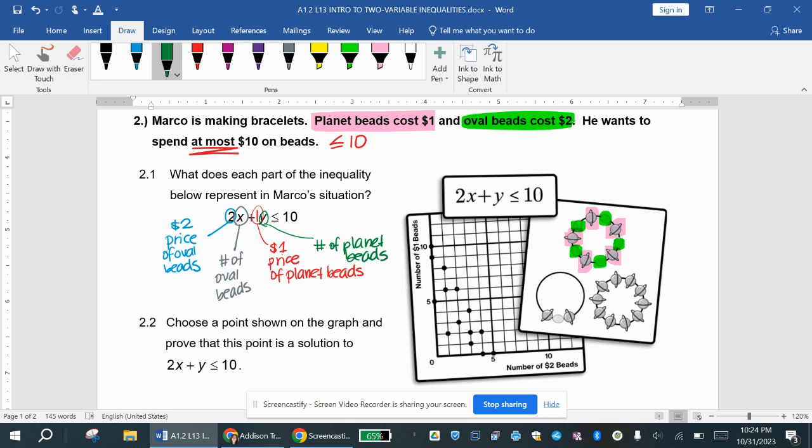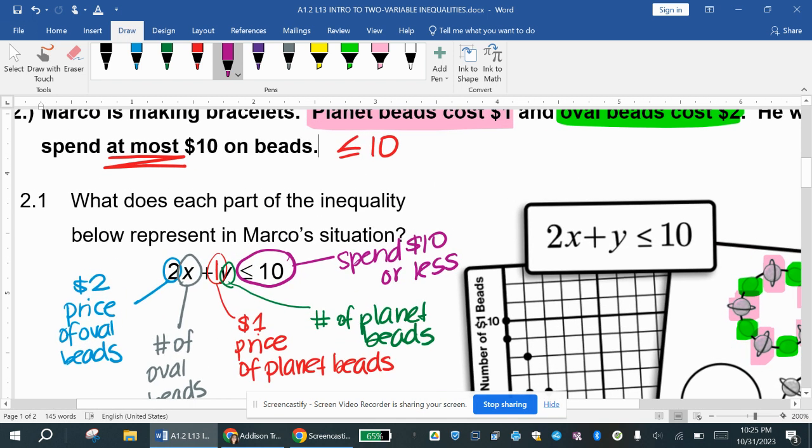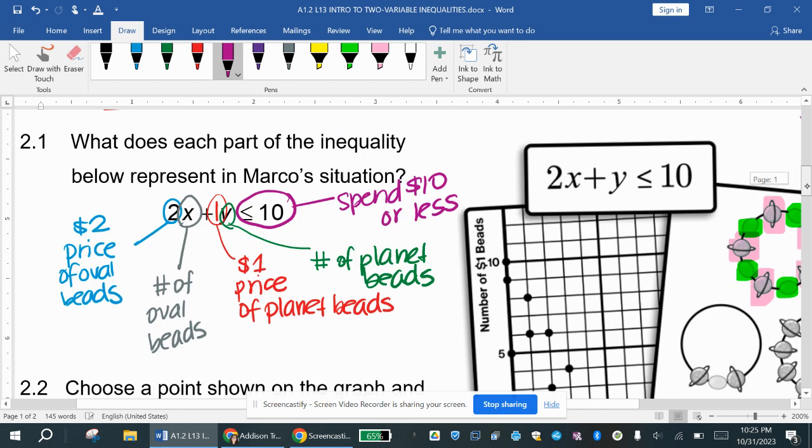And last but not least, we have the less than or equal to 10, which is that he can spend $10 or less. You can also just say at most $10 if you'd like. Okay, so make sure that you have all those parts labeled and that they make sense.